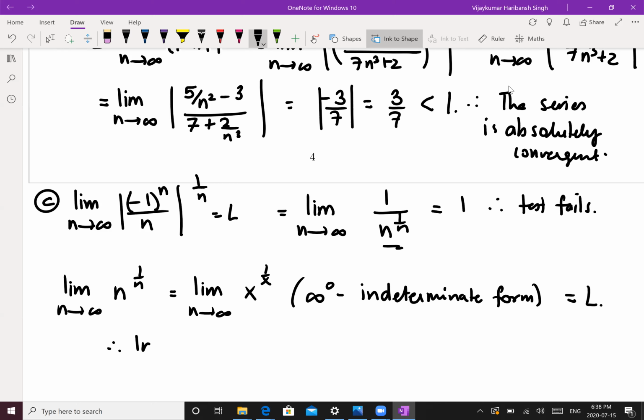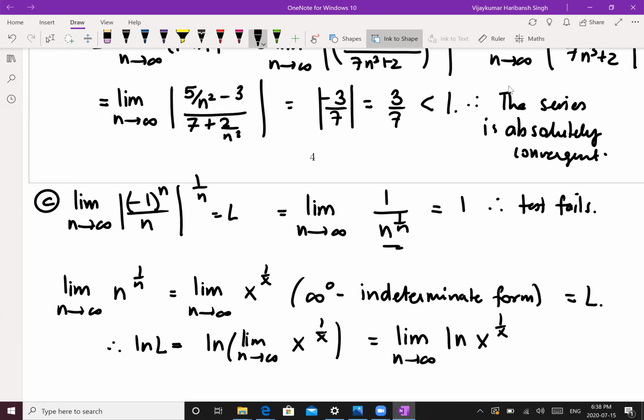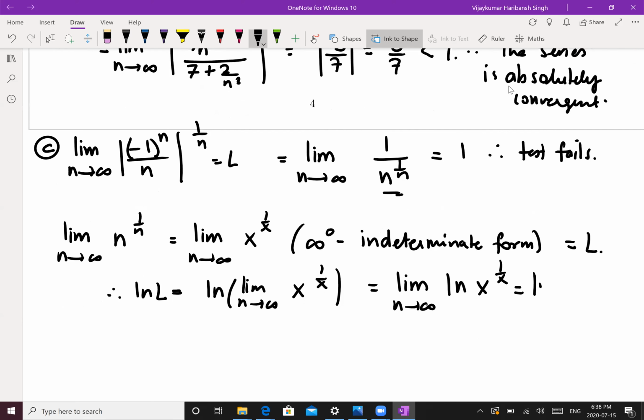Therefore, ln L is equal to ln of the limit as x goes to infinity of x to the power 1 over x. Since these are sufficiently big, ln is continuous there, so the limit and ln can commute. So we have the limit as x goes to infinity of ln x over x.